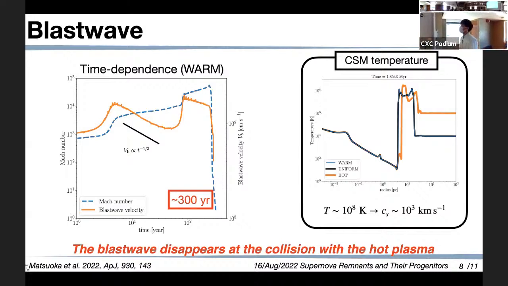So as the blast wave collides with such a plasma, the Mach number becomes of order unity. Therefore, we can observe that the blast wave is disappearing at the collision with the hot plasma. We suggest that such a feature is one of the unique characteristics of the USSNRs.